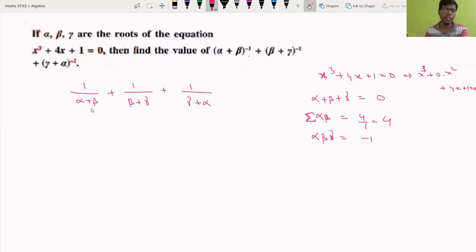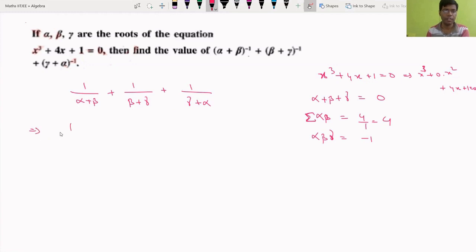So we use these relations in solving this. One way of doing it is blindly we take the LCM and then get the numerators and simplify using these relations. Otherwise, if we use a little common sense, we understand that alpha plus beta plus gamma is equal to 0, so I can replace alpha plus beta with minus gamma.